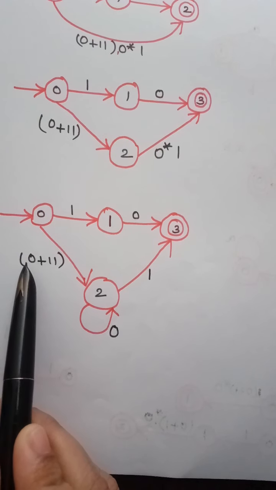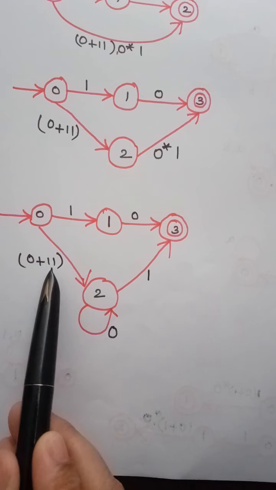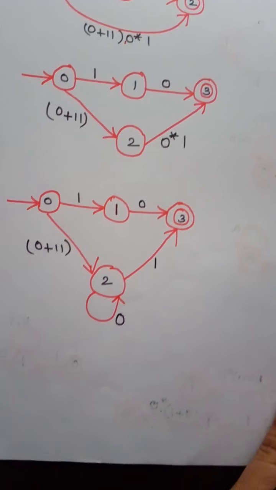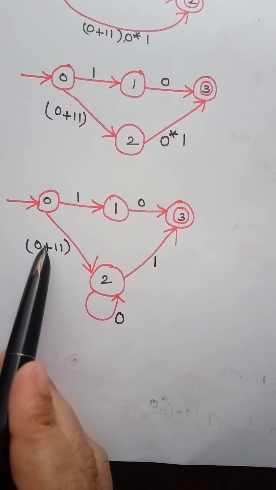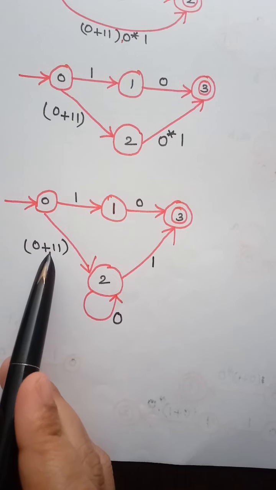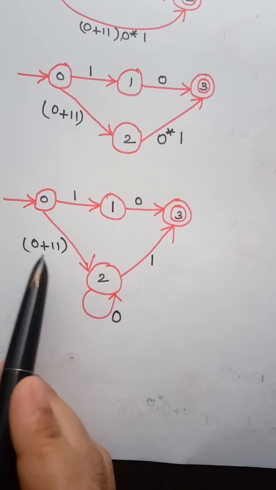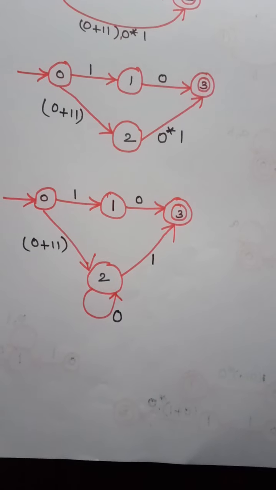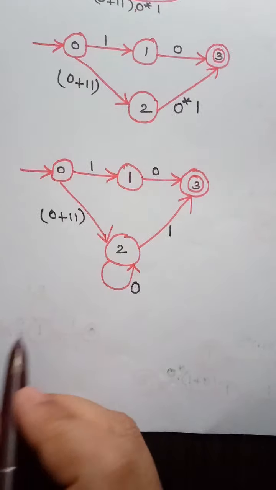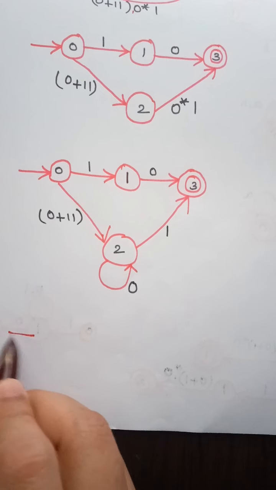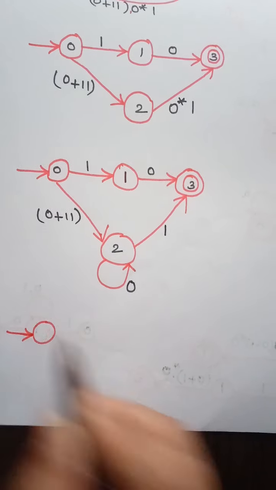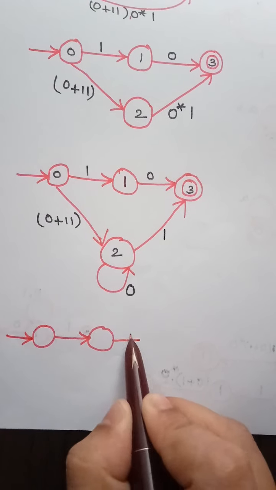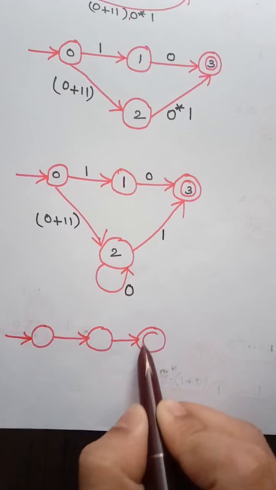First we'll try to split 0 and 1 1, then later we'll split this 1 1. When we are splitting these two, since it has the plus operator, that is the union operator, it will get split into two: the starting node, the intermediate node, and the final node.